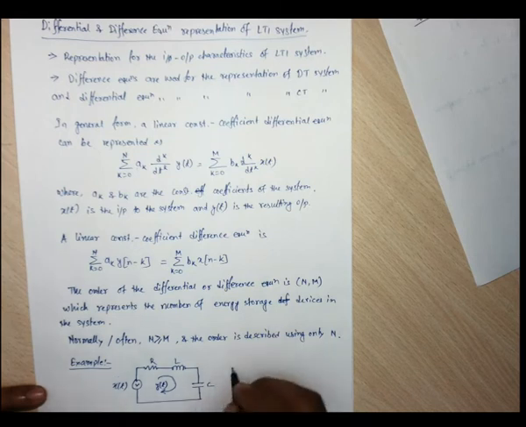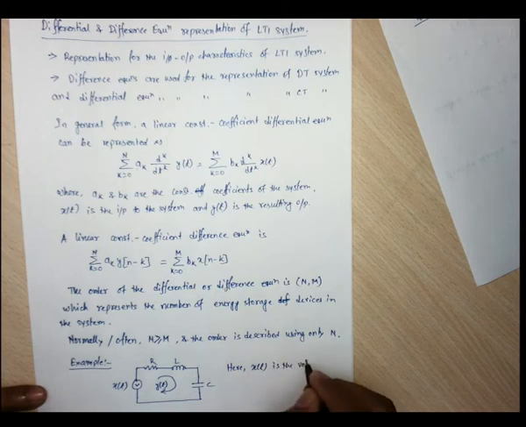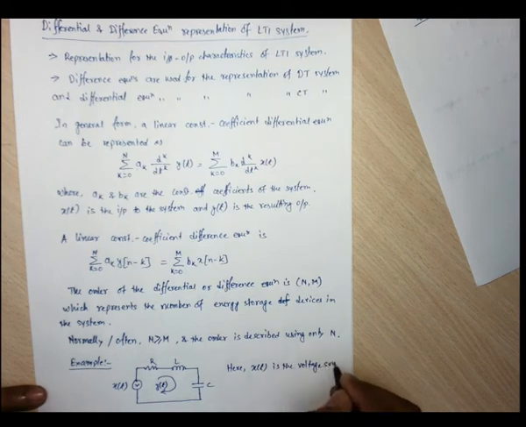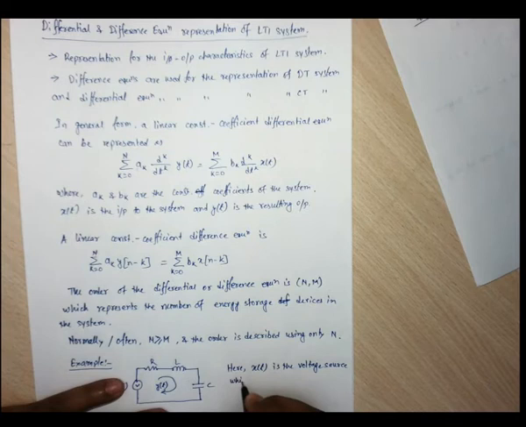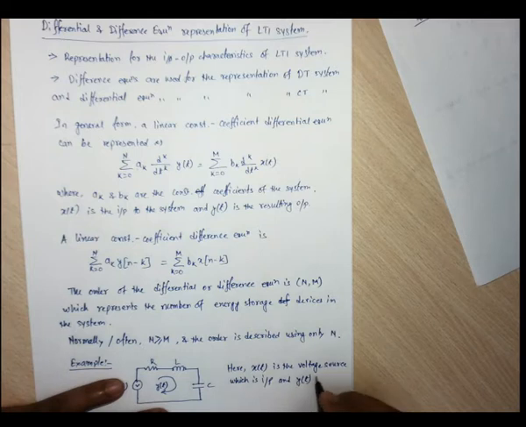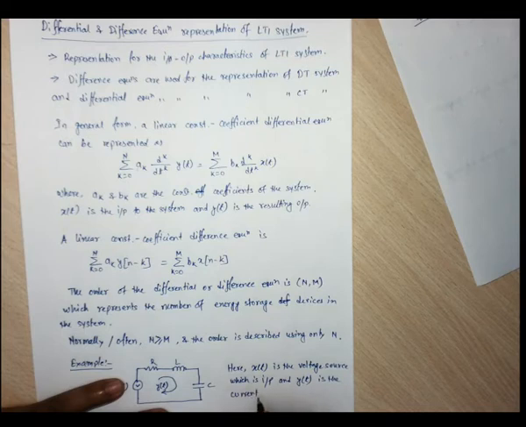So here x(t) is the voltage source, which is the input, and y(t) is the current around the loop, that is the output.